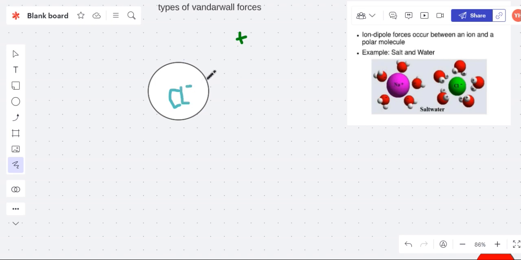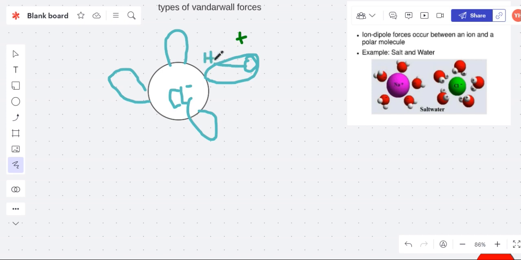In the same way as the one before, this is the oxygen atom, hydrogen, hydrogen.